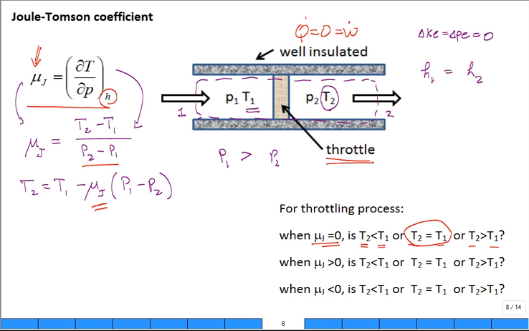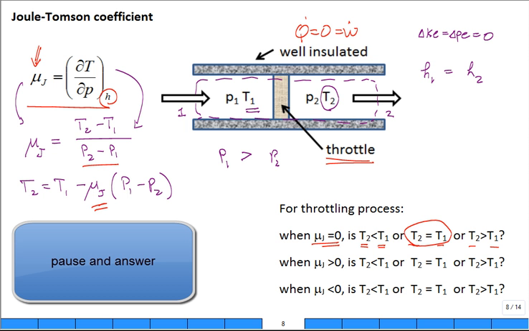There's a group of substances, a type, and it says if it's this type of substance, even though it undergoes a pressure drop flowing through the restriction, it'll be isothermal. The outlet temperature will not be different than the inlet temperature.